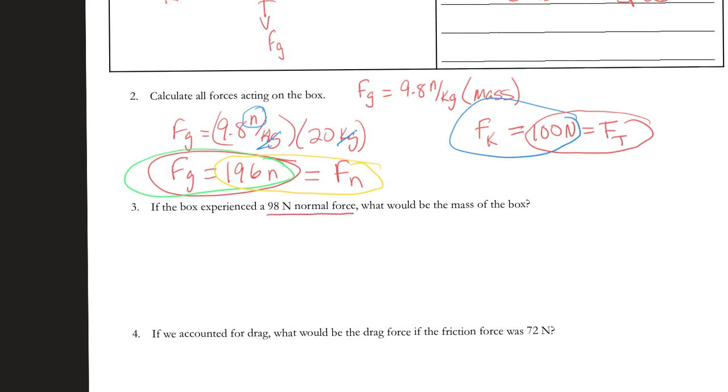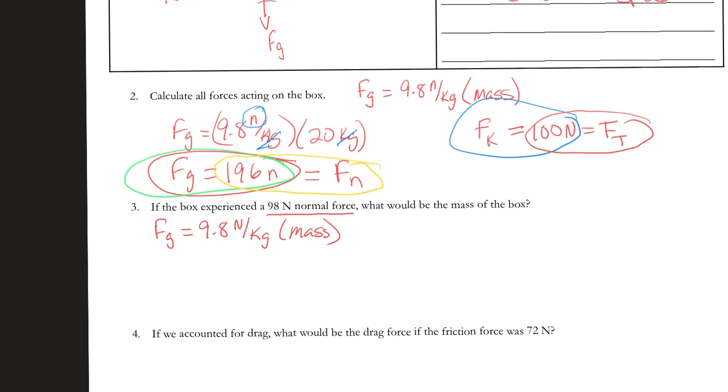So my formula is force of gravity is equal to 9.8 newtons per kilogram times mass. Same formula I used before. Now, I know that the normal force is the same as the force of gravity in this case.